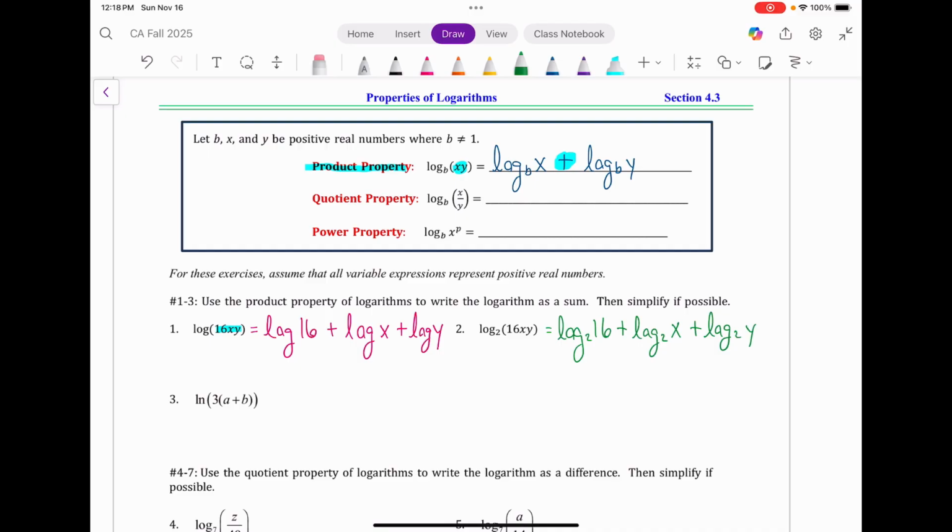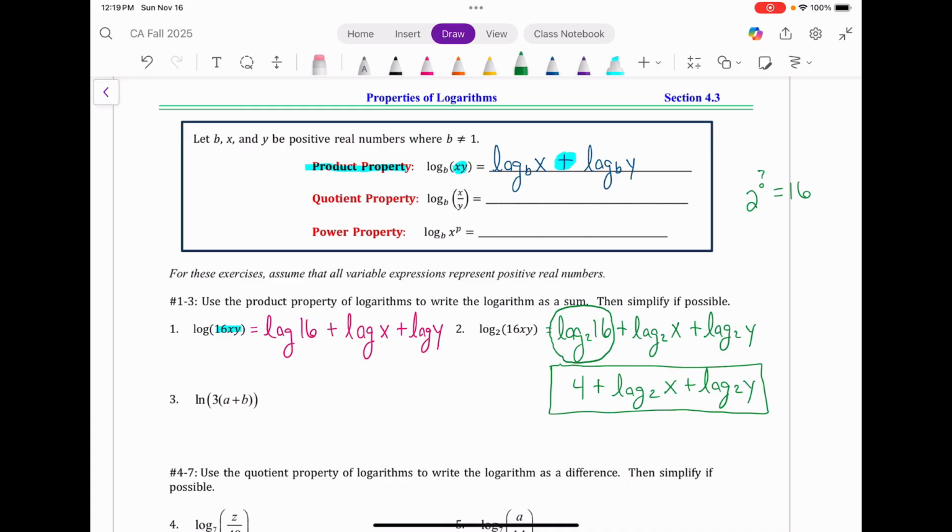Now we try to simplify any logs that have actual numbers if we can. So for instance, log base 2 of 16, that's saying, 2 raised to what power gets you 16? That answer is 4. So we just changed that log to be 4. We always try to simplify if we can. Okay, so this is the final expansion.